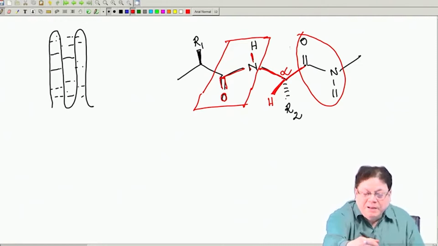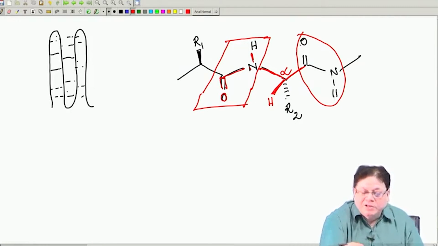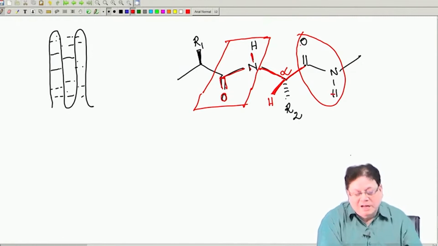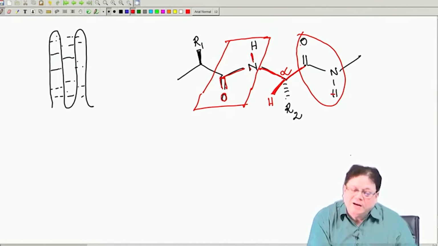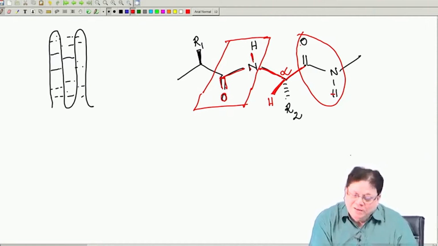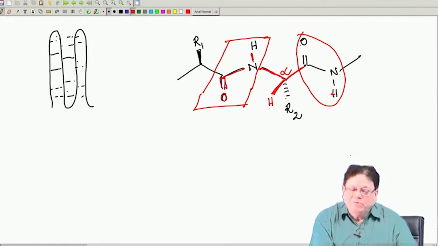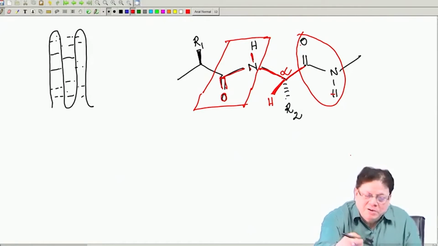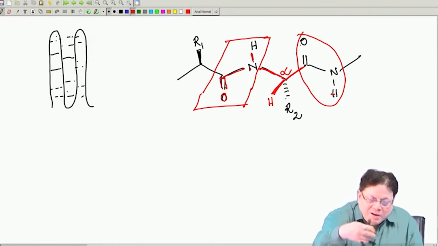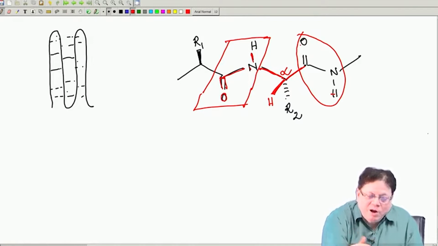But keeping the whole thing together, you cannot disturb the dihedral angle between this carbonyl and the NH. That is still there, that should be in plane, and that dihedral angle should be 180. That anti conformation you should maintain here, but what you can do is take the whole thing and start rotating around this C alpha and the carbonyl.